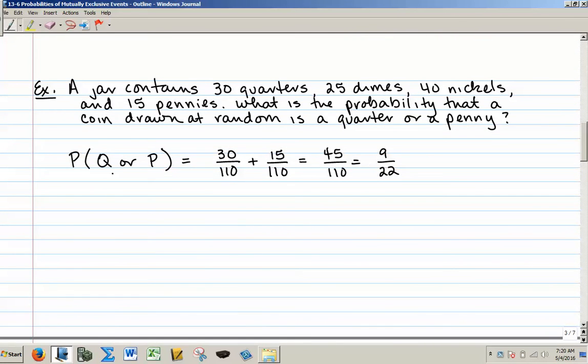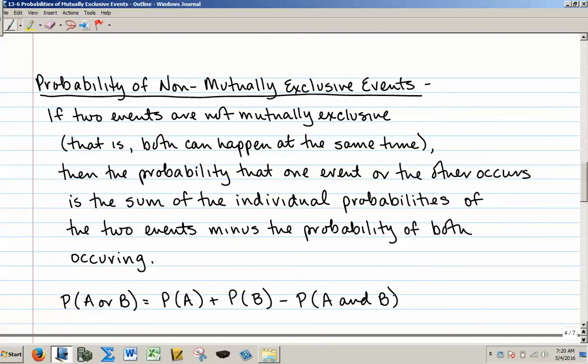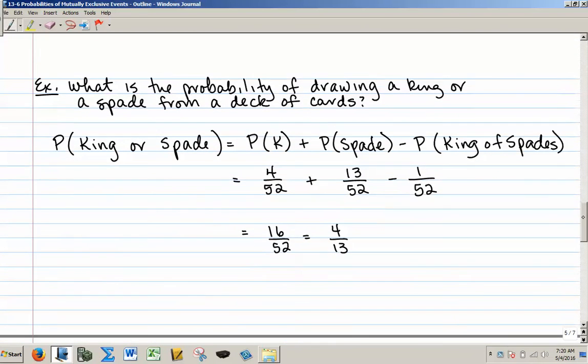The coin could not be a quarter and a penny at the same time. If they're not mutually exclusive, you're going to have to subtract the probability of both of those events occurring. So for example, with our king and our spades, since a card can be both a king and a spade at the same time, we had to subtract the probability of it being the king of spades.